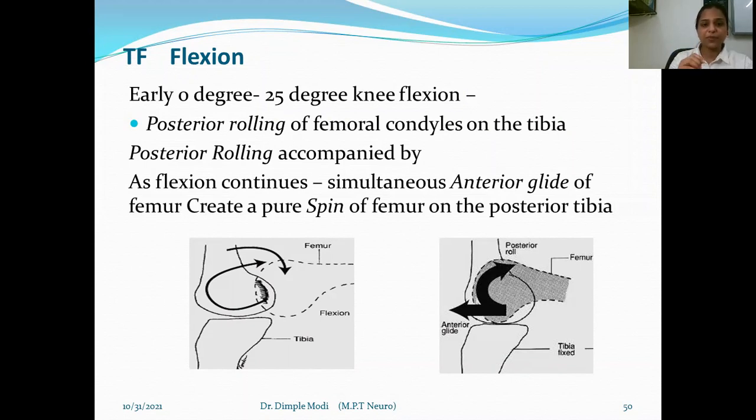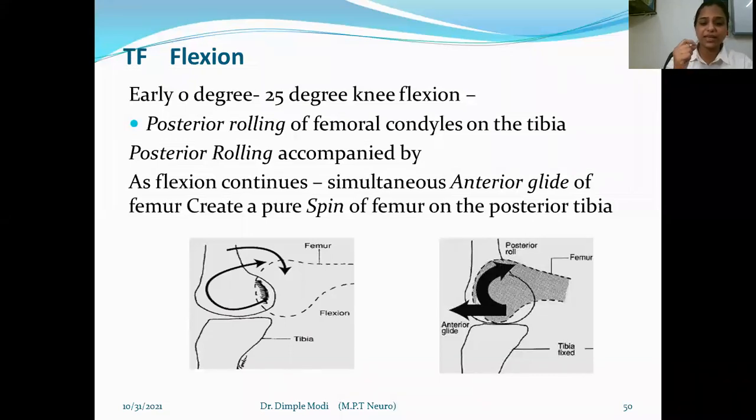Try to understand: the tibia is fixed and the femur is moving. When the femur moves, there will be a posterior roll and simultaneously an anterior shifting. If there were no anterior shifting, the femur would fall off, but with it there is a good degree of flexion.